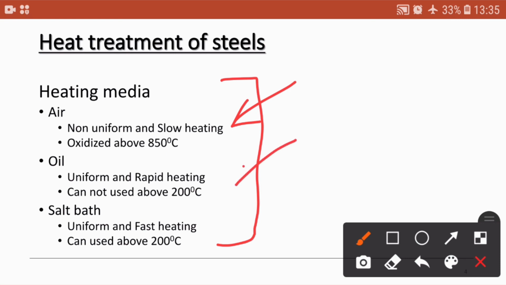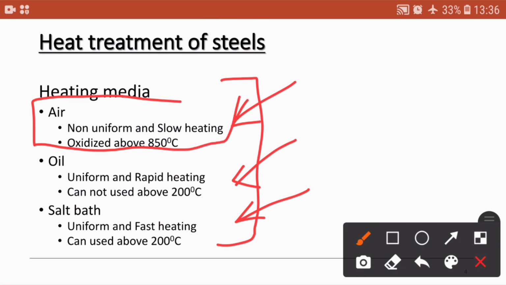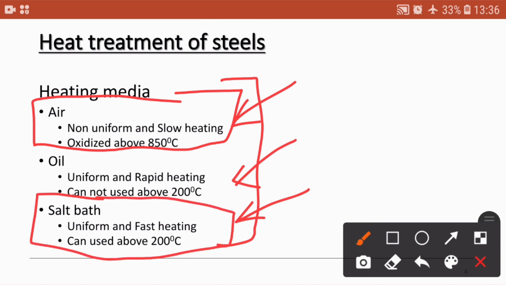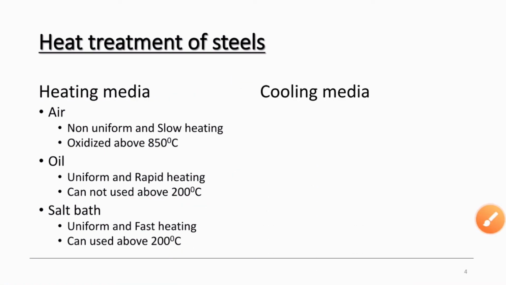Up to 200 degrees centigrade the best heating medium is oil, and if you want to heat metal above 200 degrees centigrade, then the best heating medium is salt bath. Mostly air heating is used in our syllabus, and salt bath heating and cooling is also included. So these are the heating media.